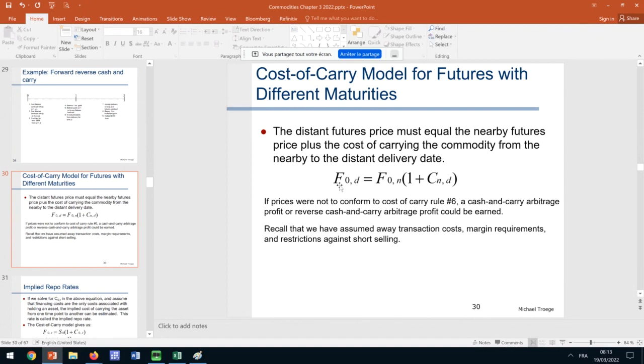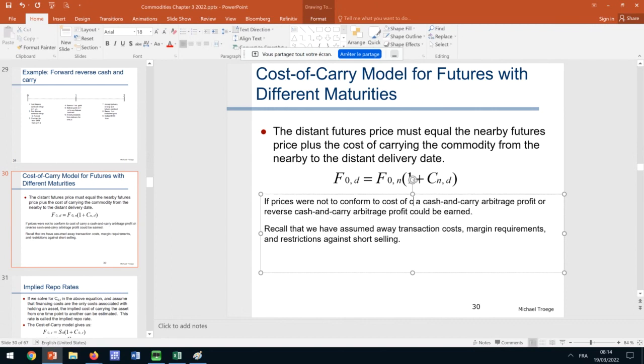And again, the difference between these two future prices should be the cost of carry. So the cost of carry includes the financing costs, but also the physical storage costs and potentially transportation costs and things like that.